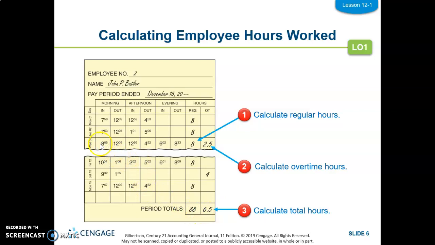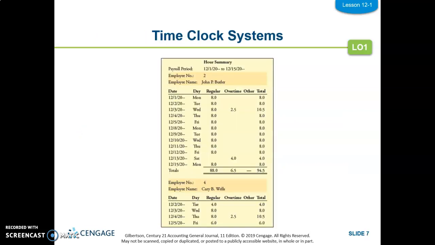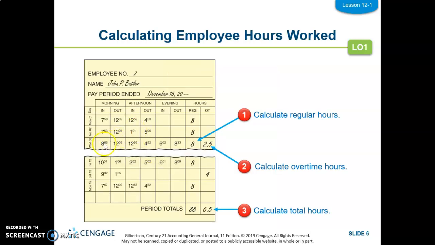Let's look at the Wednesday line, and it kind of makes me laugh because they screwed it up on this slide for the nearest quarter hour. It's coming in at 8:05, which is closest to 8 o'clock, and leaving at 12:03, so that's 4 hours in the morning.